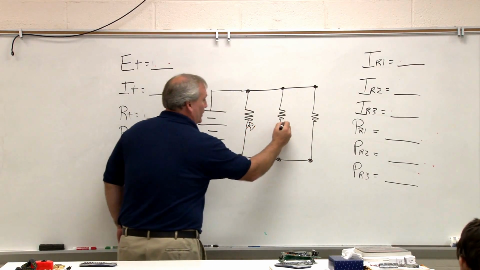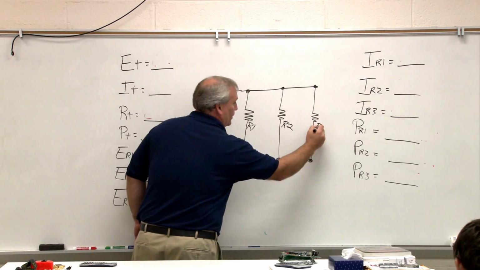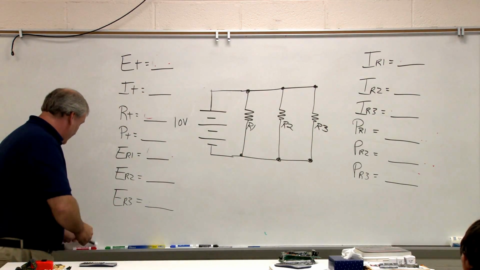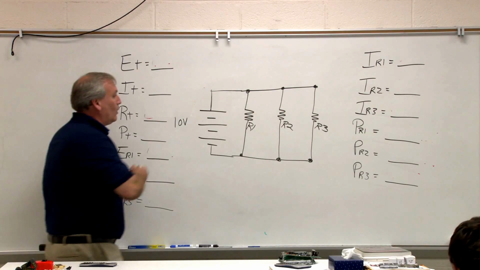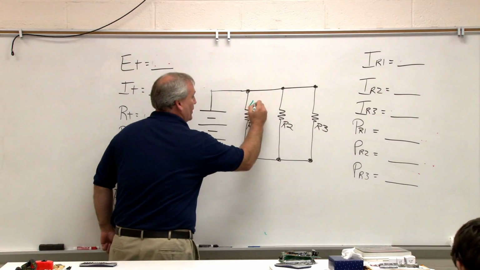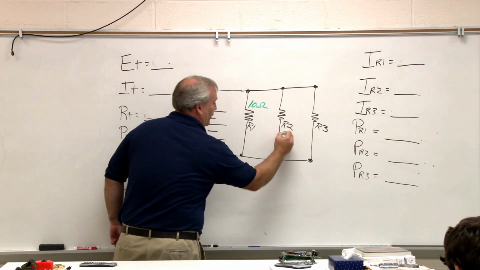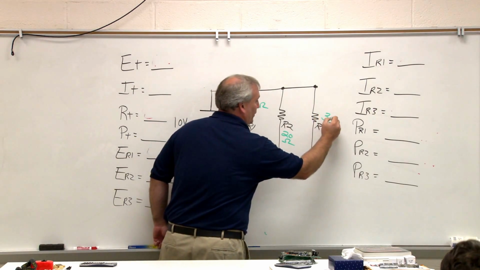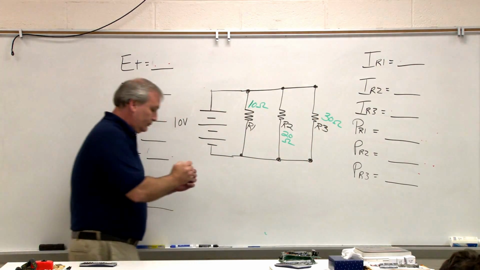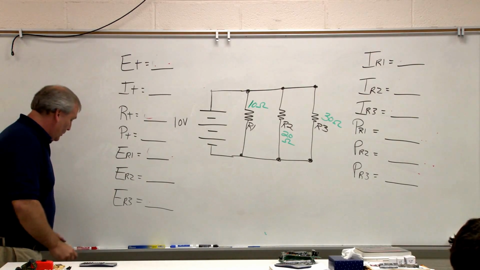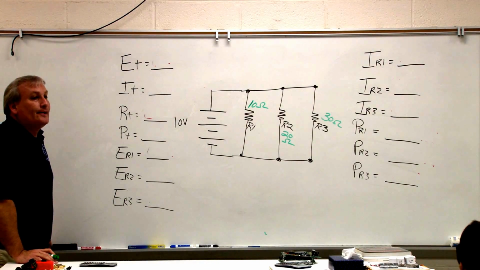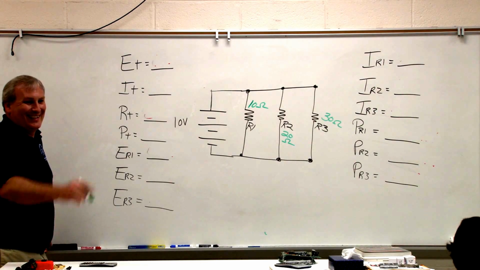This is R1, this is R2, that is R3. R1 is 10 ohms, R2 is 20 ohms, and R3 is 30 ohms. What can you tell me that's different about this circuit?